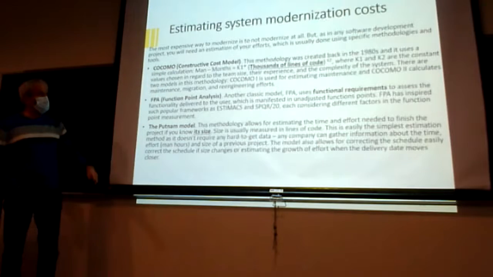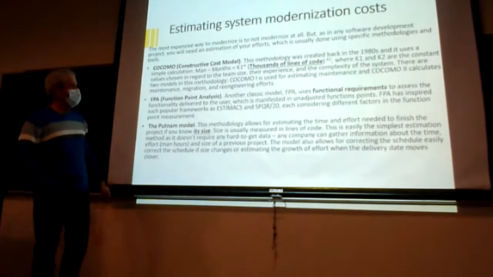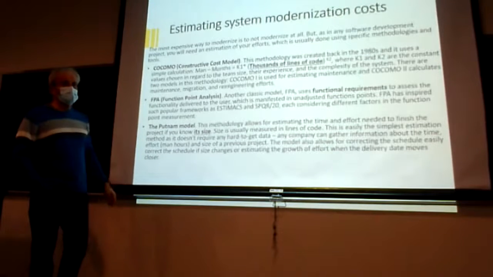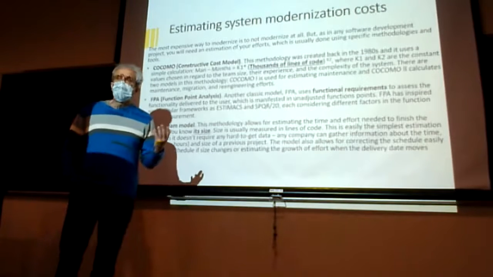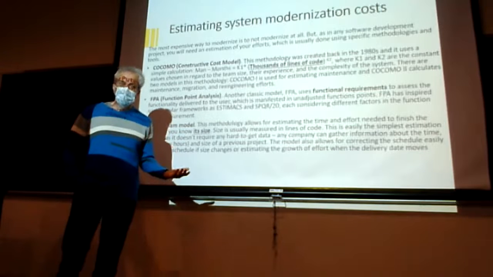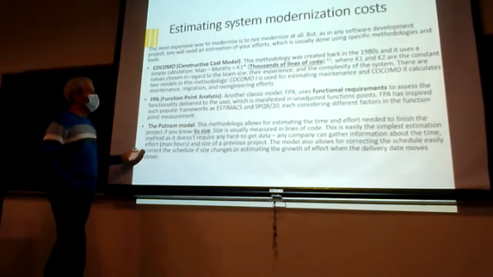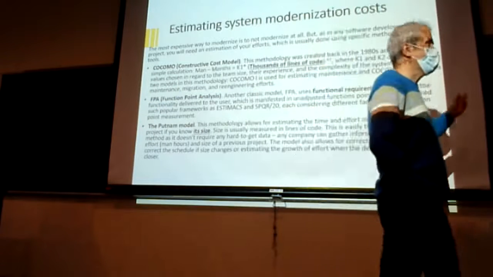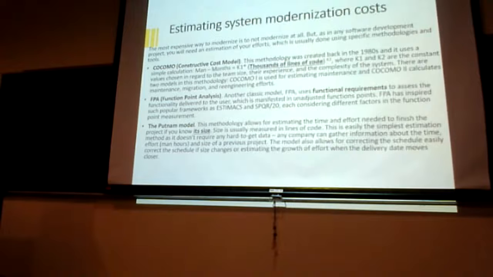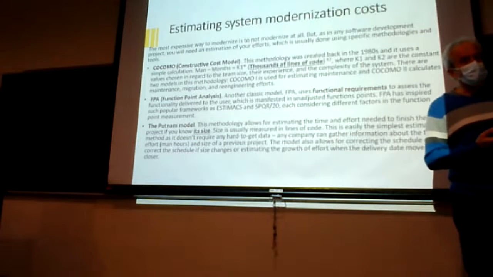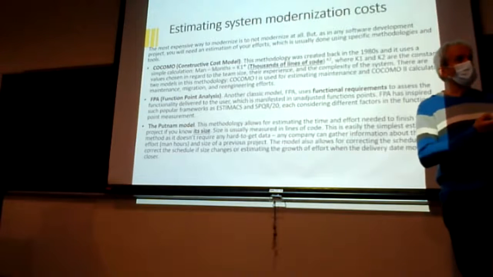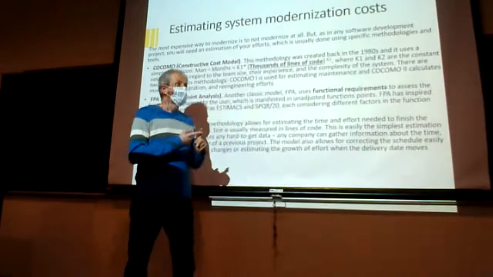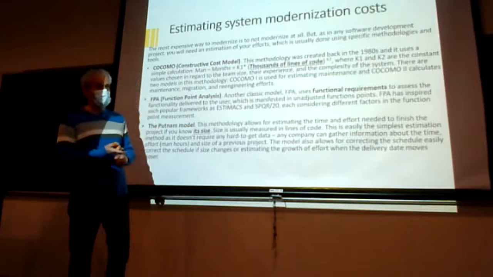So one model which we could use is the COCOMO model. It is still used today. The idea is it's a very simplistic formula, and the formula can be adjusted, has a couple of adjustment factors depending on the programming language, which considers the expertise of your development team, how complex the system is in terms of functionality.